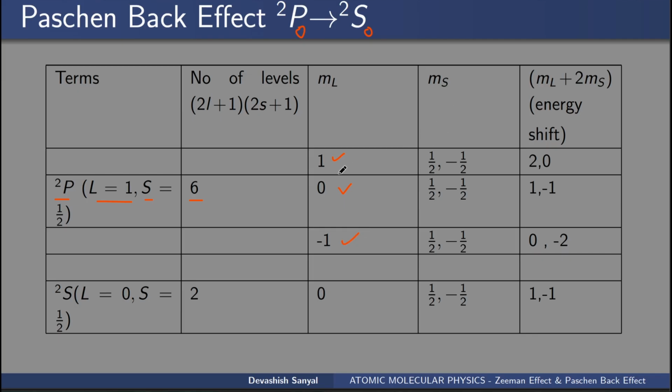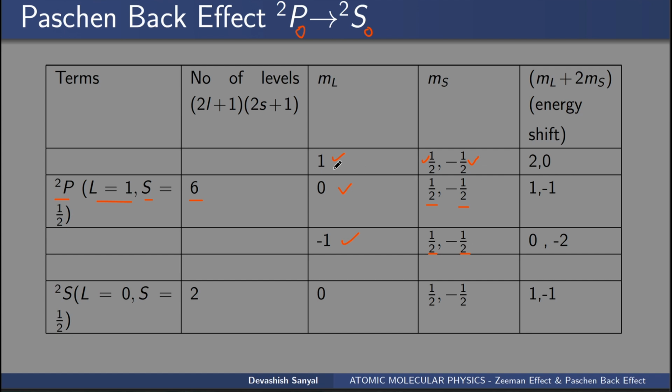For ml equal to 1, what are the possible values of ms? It will be either half or minus half. Again, suppose ml is 0, in that case also the z component of the spin can only be half or minus half. For minus 1, it can be half or minus half.